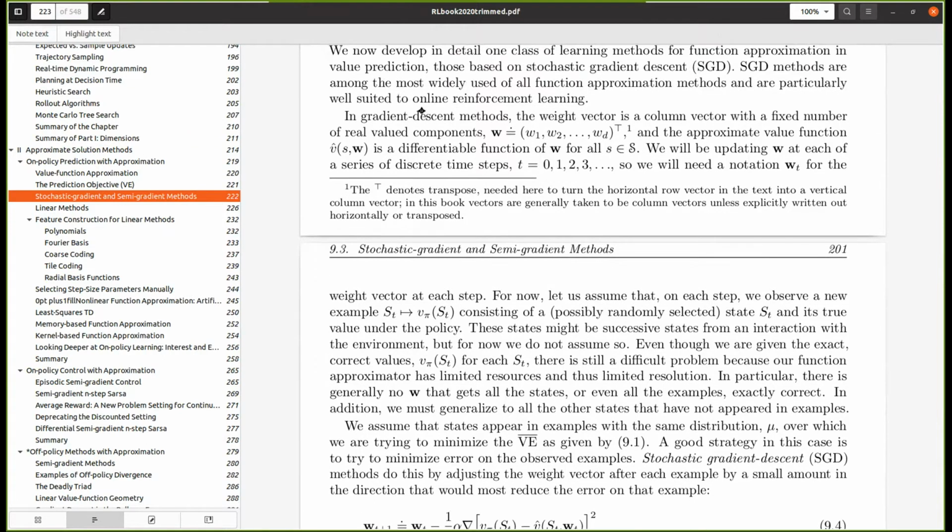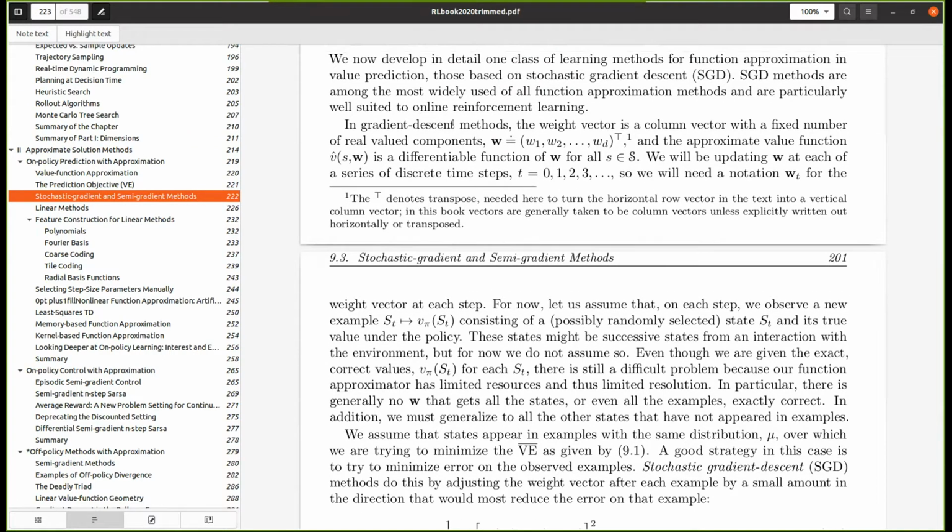Here we have, again, a weight vector, W1 to WD, so a bunch of coefficients.